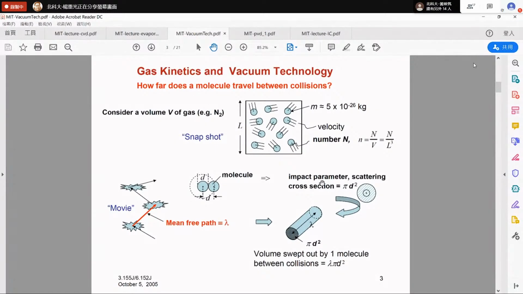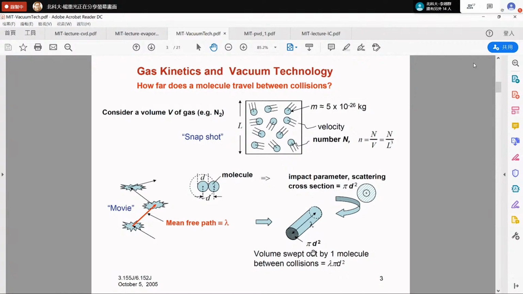The impact parameter, or cross section, we can calculate as pi d squared. Times lambda, the volume swept out by one molecule between collisions is lambda pi d squared.